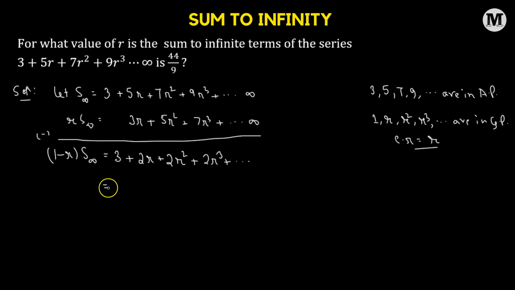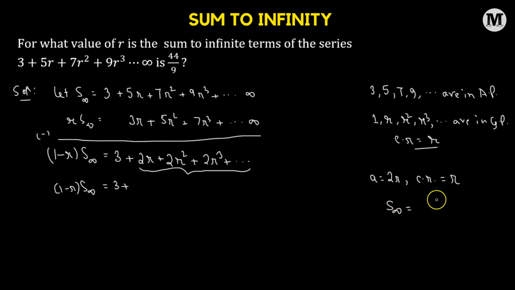So here, we'll keep the first term as it is, 3. Now, if we consider the second term onwards, then the sum is a geometric series whose first term is given by 2R and the common ratio is given by R. And we know there's a standard formula for finding the sum to infinite terms of any geometric series.